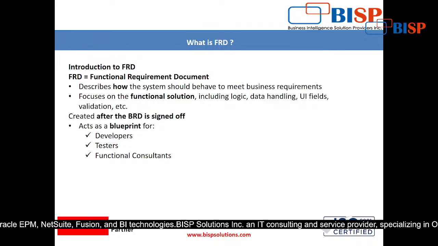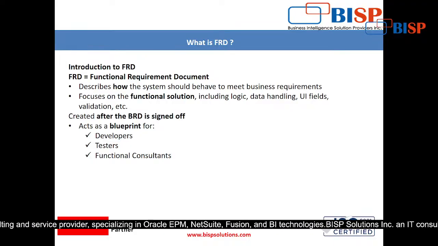This functional requirement document describes how the system should behave to meet business requirements. There is another document, the BRD, the business requirement document. The business requirement document just shows how their current business is going on and what they want.